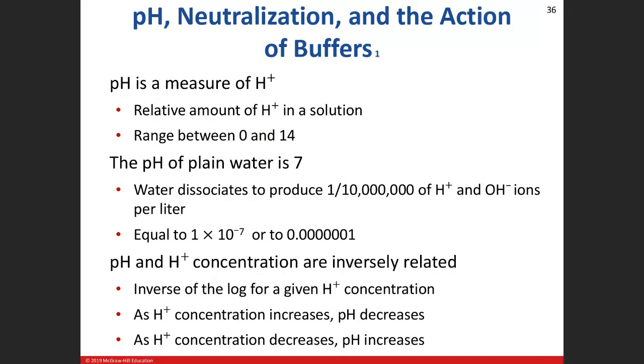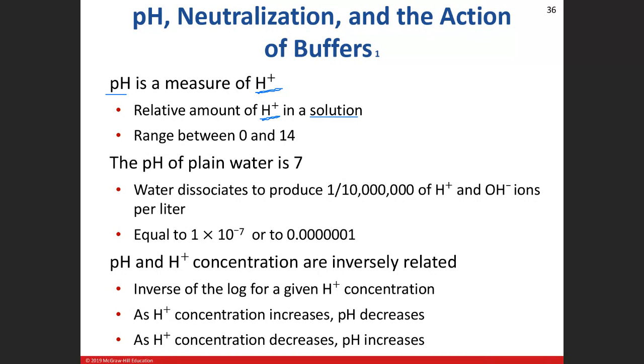So this is where we're going to move into what pH is. It's a scale that we use to measure the hydrogen ion concentration of something. The pH scale tells us how much hydrogen ion is present in any given solution.